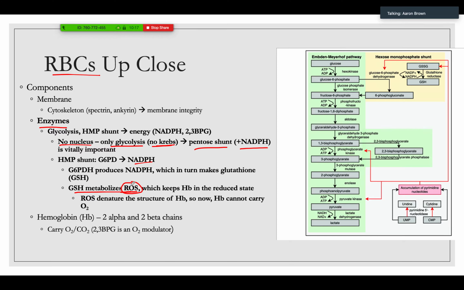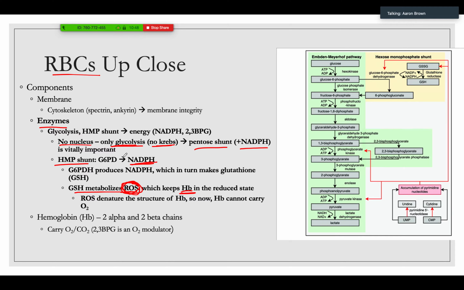Antioxidants means getting rid of these things. Reactive oxidative species will damage your hemoglobin. If you damage your hemoglobin, you're not going to be able to carry oxygen. And so, two things that are very important to the red blood cell: glycolysis, which is its only way to generate energy, and the HMP shunt, which allows for the generation of this NADPH, which will remove our reactive oxidative species and keep hemoglobin nice and healthy.